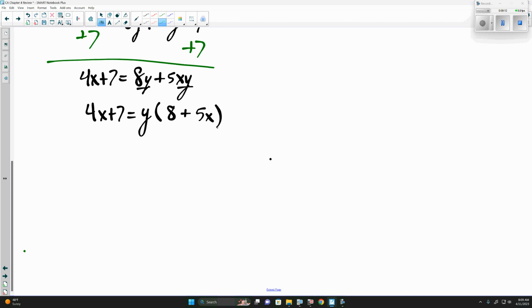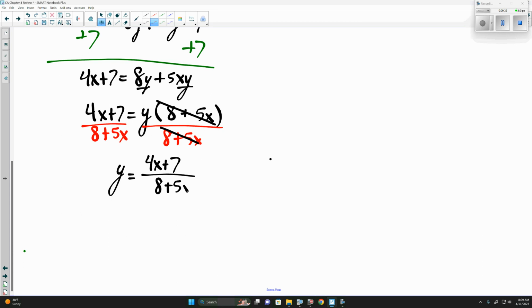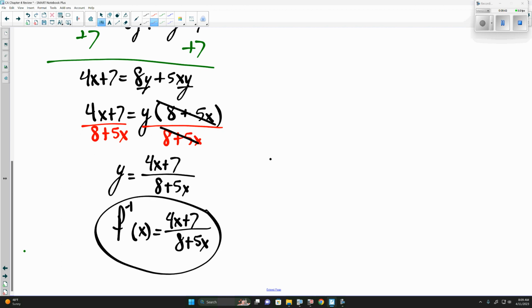And now we only have one y left in the entire equation. To get it by itself, I'm going to divide both sides by 8 plus 5x. These two will cancel, leaving y by itself equal to 4x plus 7 over 8 plus 5x, telling us that f inverse of x is equal to 4x plus 7 over 8 plus 5x.